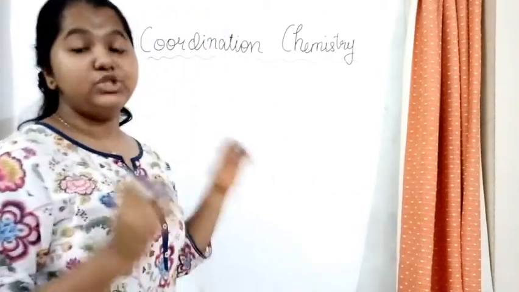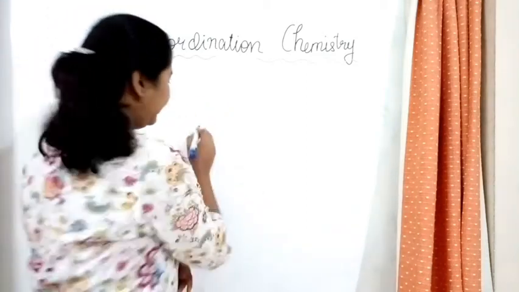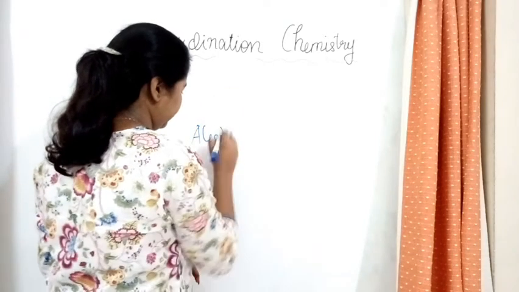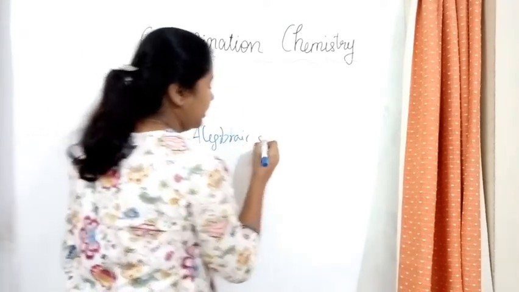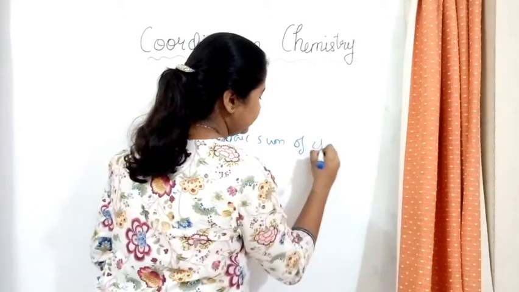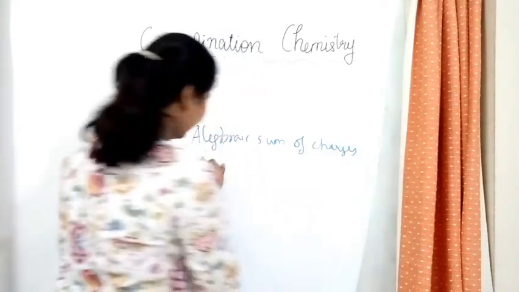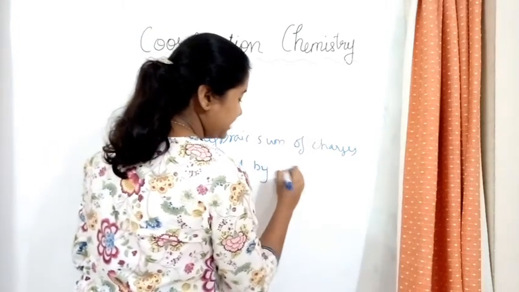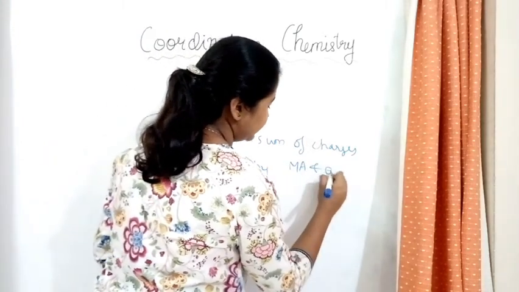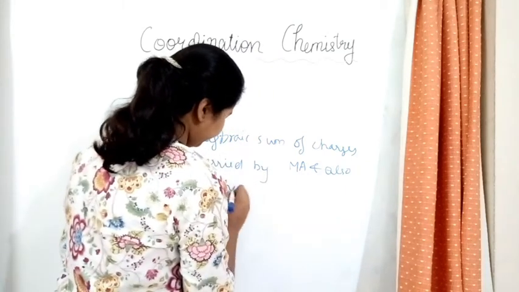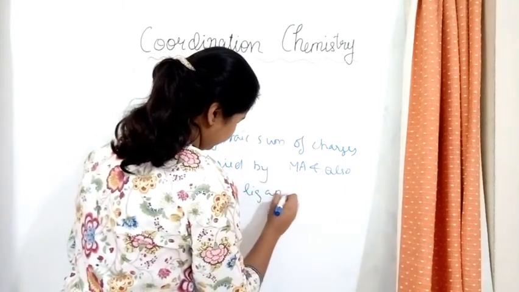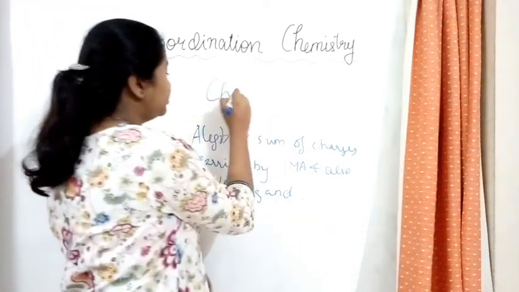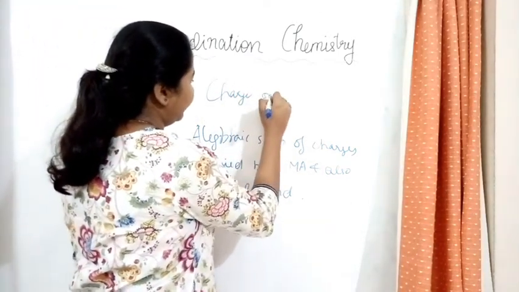That is the algebraic sum of charges carried by the central metal atom and also the ligands. So this is the charge on the complex.